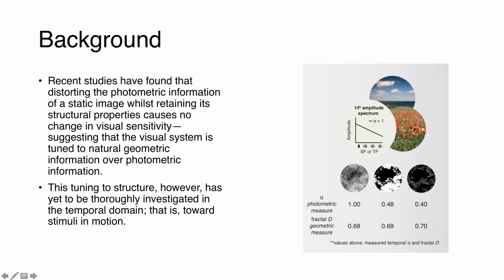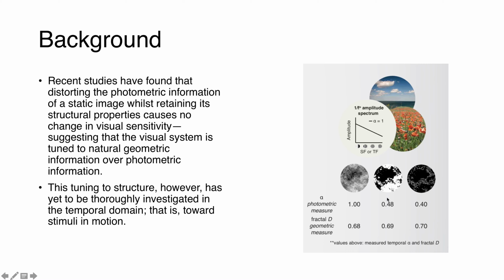Spatially speaking, you can test this using random noise stimuli. This noise stimulus has a 1 on F amplitude spectrum similar to that of natural scenes, and you can distort the photometric information by binarizing or thresholding it, and distort it even further by extracting the contours from this thresholded image.